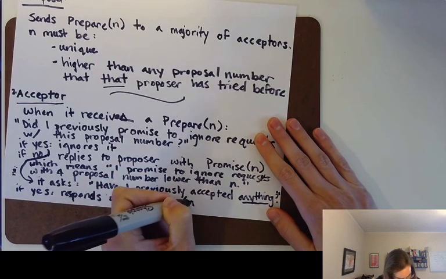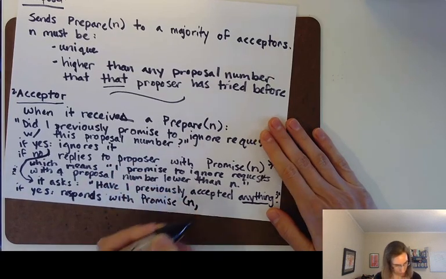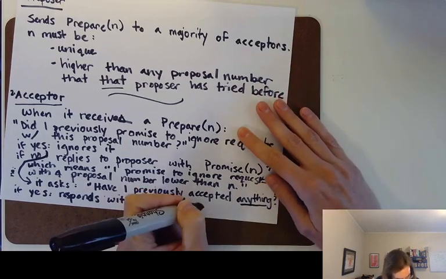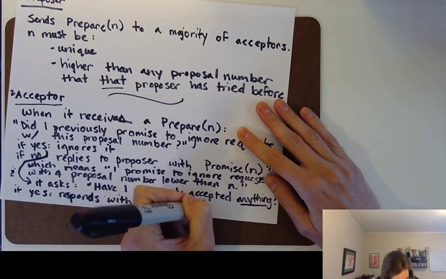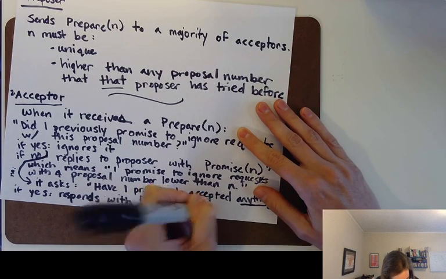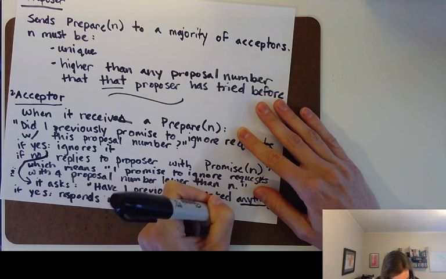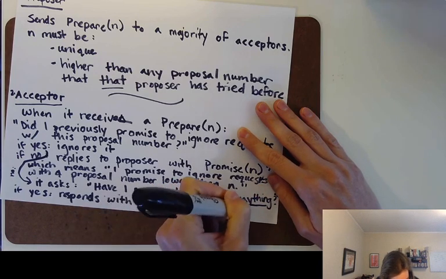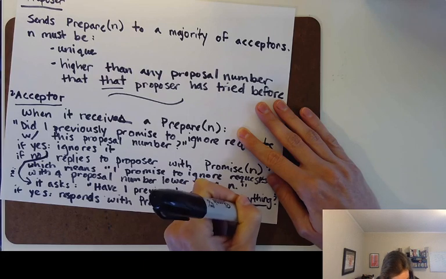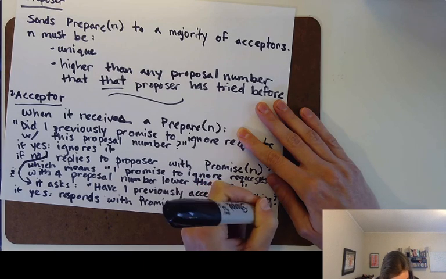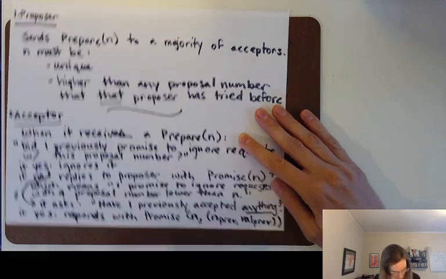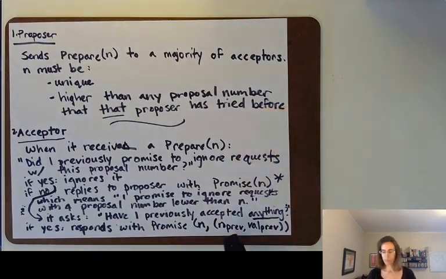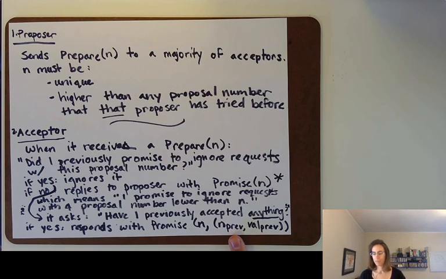So it still does a promise of n, but then there's this extra piece in the promise message where it's a pair. I'm going to call it n previous and val previous. Where n previous is its highest previously accepted proposal number, and val previous is the previously accepted proposal value.